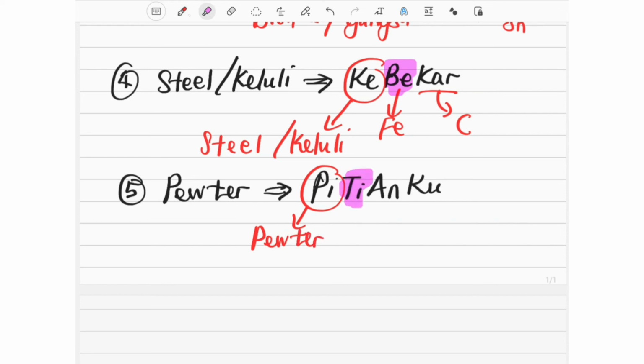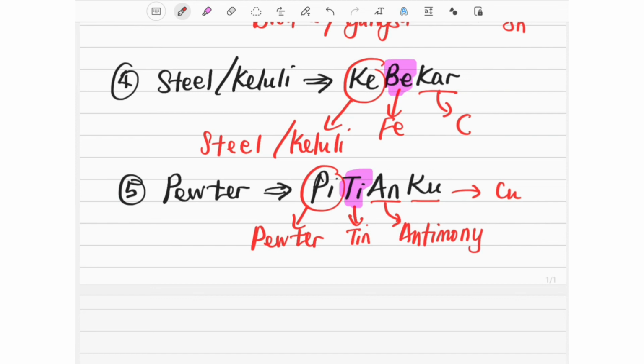T, pure atom, timah, stannum, tin. Antimony, and copper as the foreign atom.